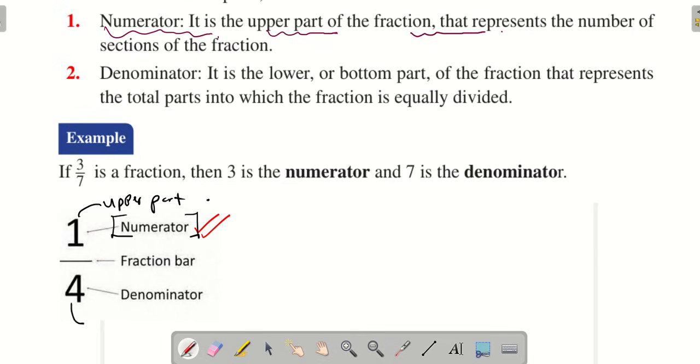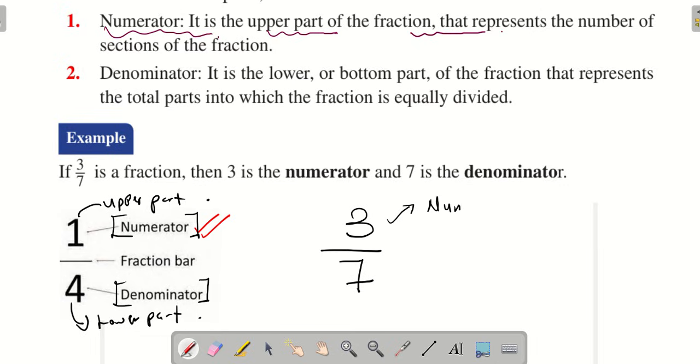Then this value is the lower part, and the technical name for that is the denominator. So for example, when we pick this fraction 3 over 8, we are seeing the upper part to be 3, and that is the numerator. Then we have the lower part of 8 being the denominator.